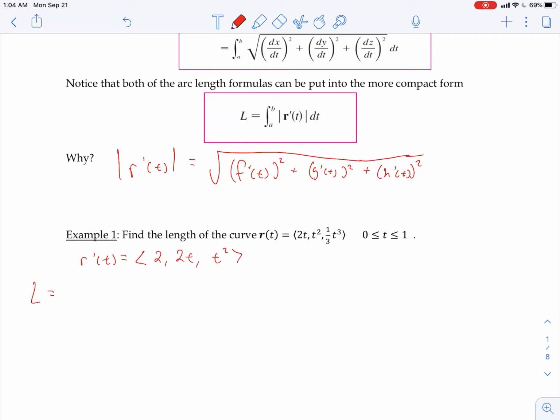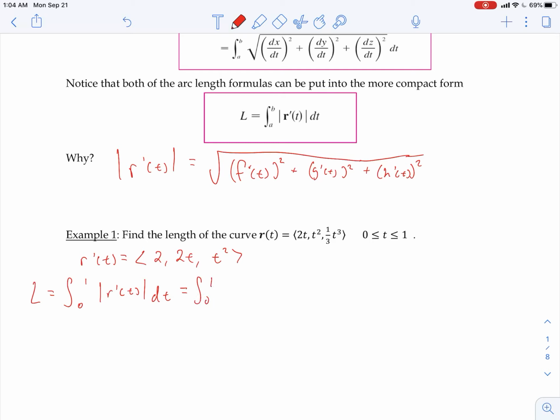Now that we've taken the derivative, let's find the length of our curve from 0 to 1, and again, we're just finding the magnitude of the derivative of our vector.